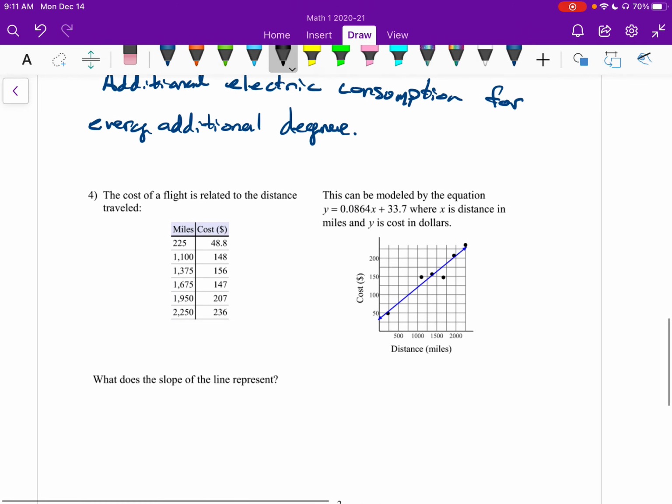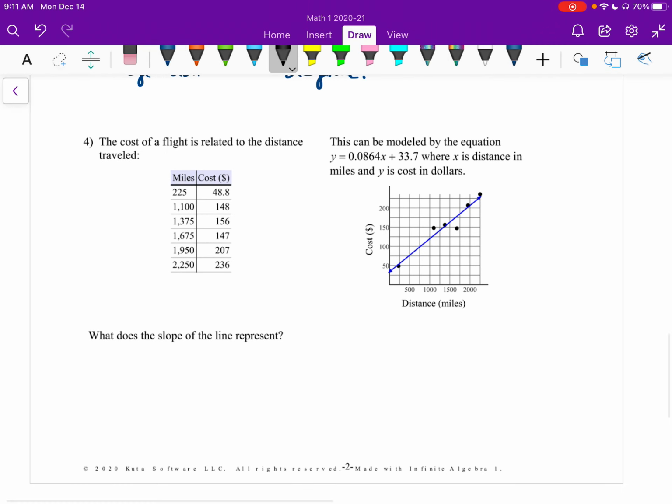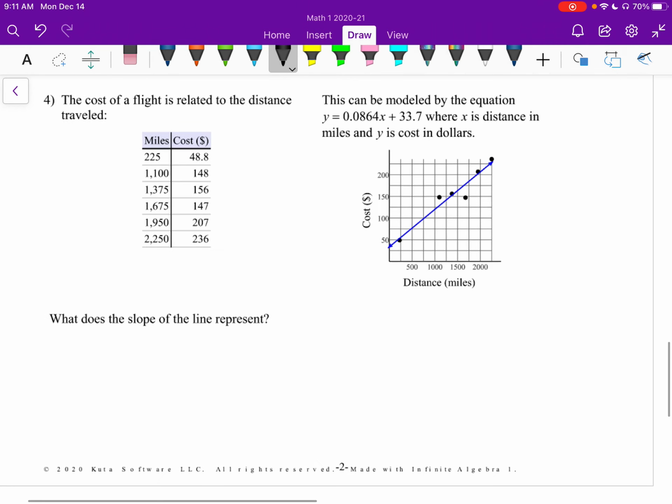So let's look again. The cost of a flight is related to the distance traveled. Well, yeah, that kind of makes sense. I start looking at my graph over here, the cost and the distance in miles. So what does the slope of the line represent? So I'm going to say, well, the slope, and I normally talk about the vertical axis whenever I write it.